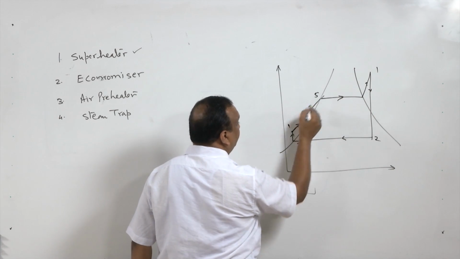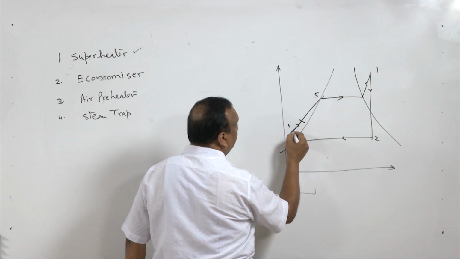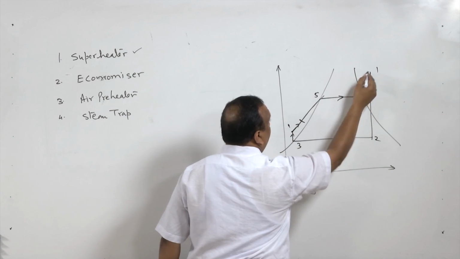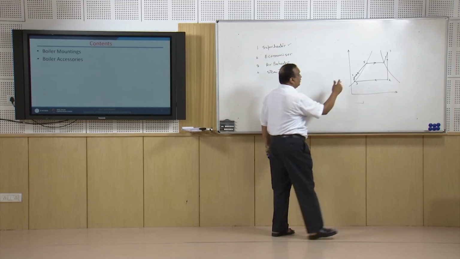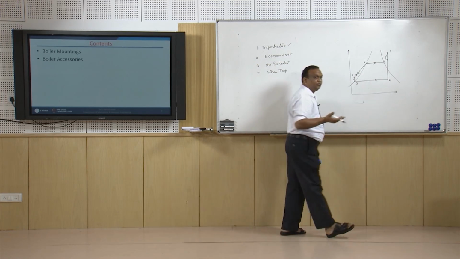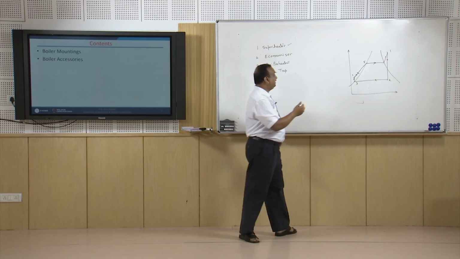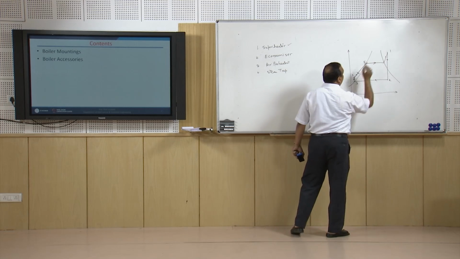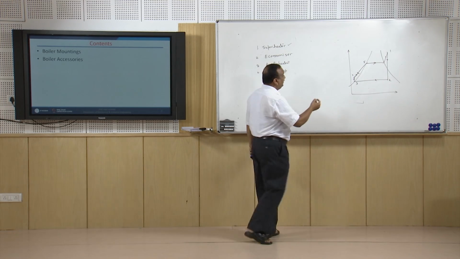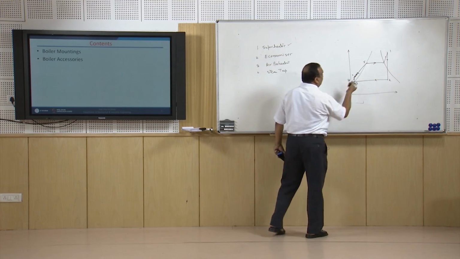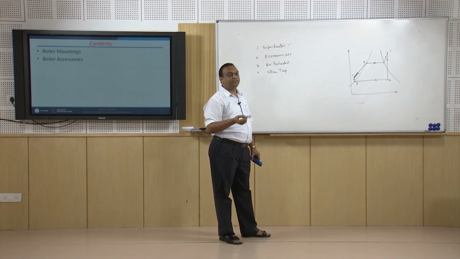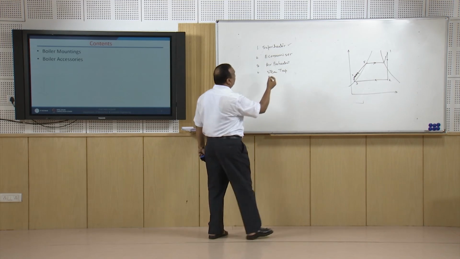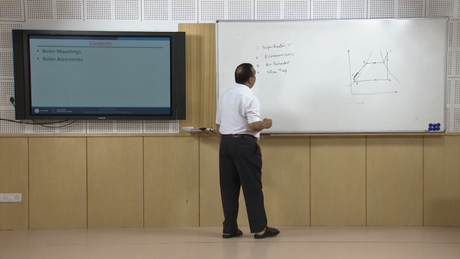If we heat this feed water, then in that case the average temperature of heat addition will also increase, or less heat will be required in the boiler. Either way we can say less heat will be required in the boiler, right. And this heat is coming from the flue gases, so it is coming free of cost. That is how we are increasing the efficiency of the boiler. So, this is the function of the economizer.